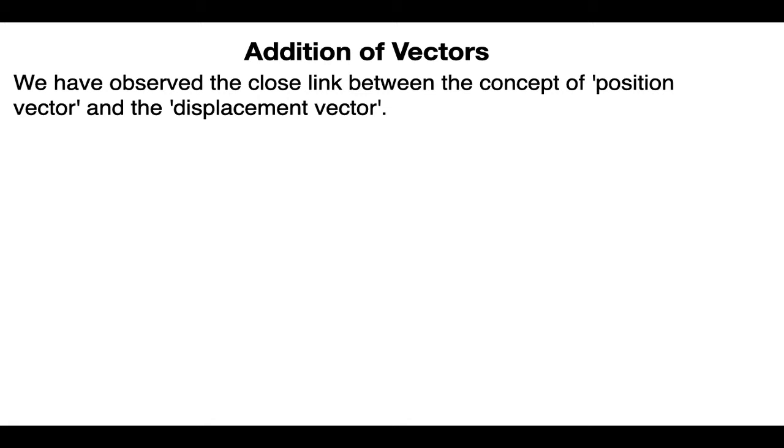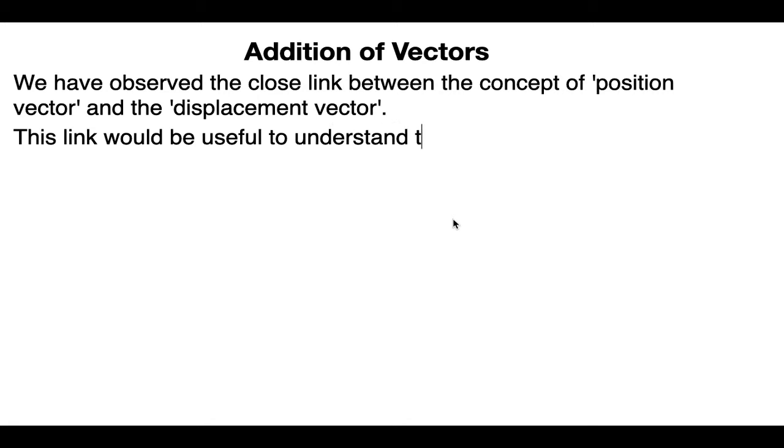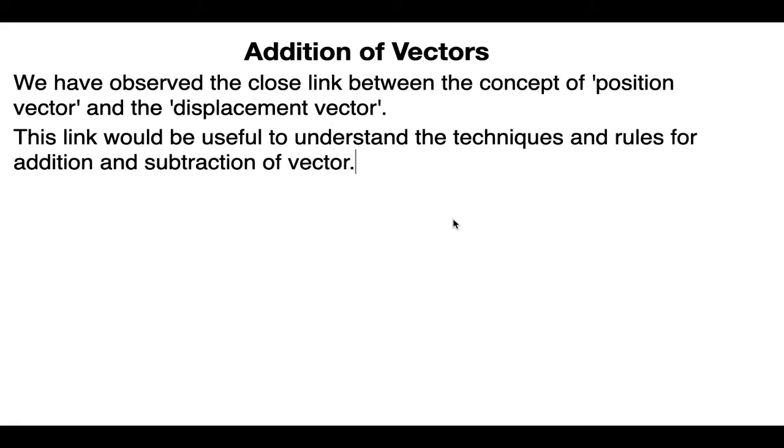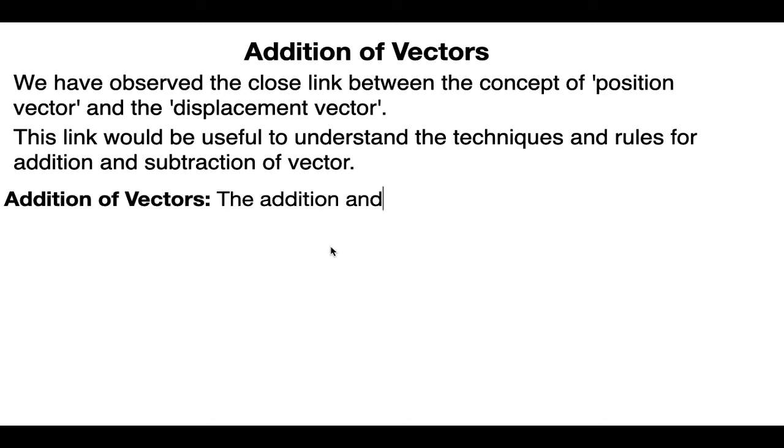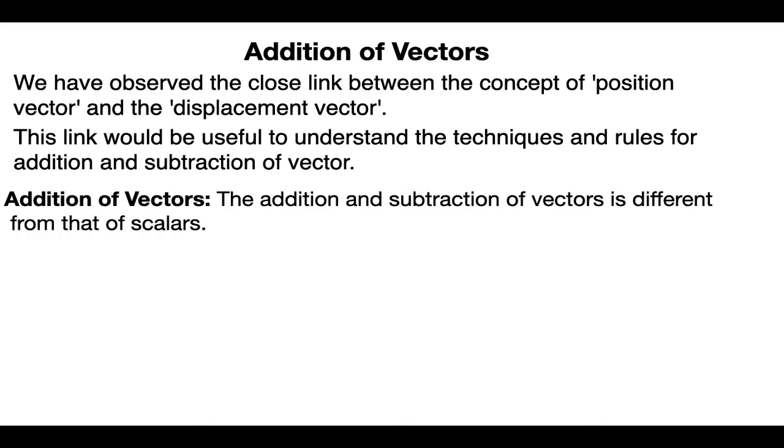We have observed a very close link between the concept of position vector and the displacement vector. The link is going to be very useful to understand the techniques and rules for addition and subtraction of vectors. The addition and subtraction of vectors is different from that of scalars.